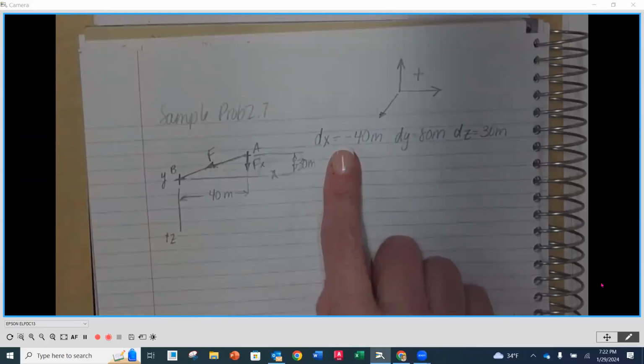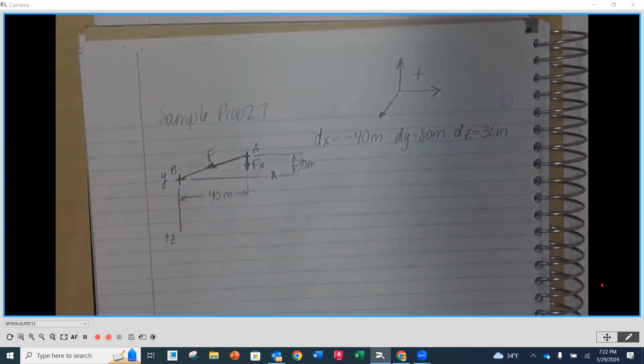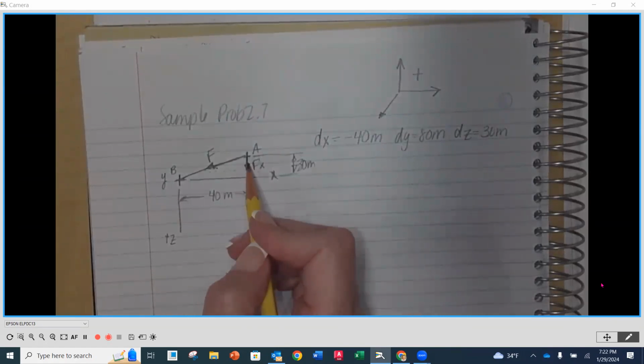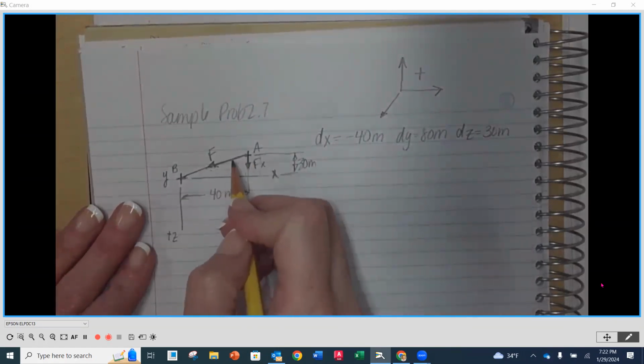It took me a while to get that, because I wondered why they were calling that negative when the 40 meters is to the right. But it corresponds to the direction of the vector going down, so it's a negative 40 distance, because we're going to be using this as a vector.